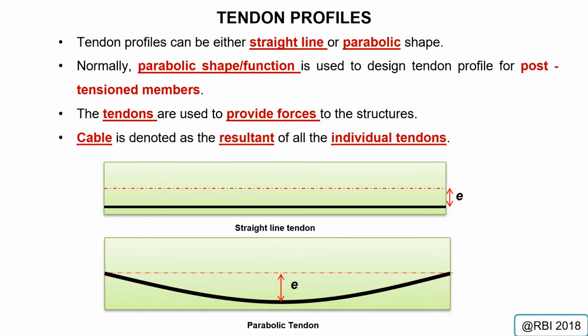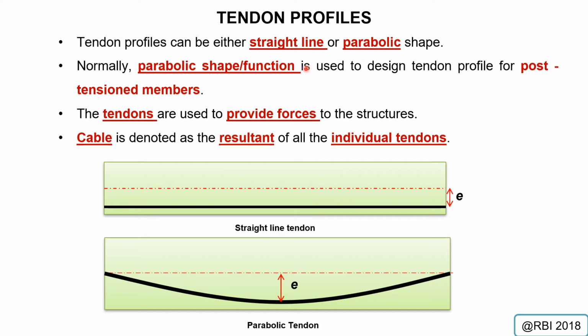Next is where we want to learn how to construct a tendon profile. What is a tendon profile? A tendon profile represents the behavior of the tendon. The behavior of the tendon generally can be a straight line, or it can also be a parabolic shape.